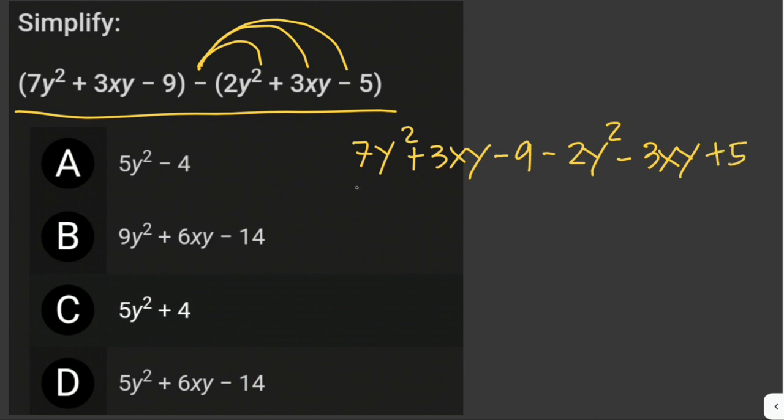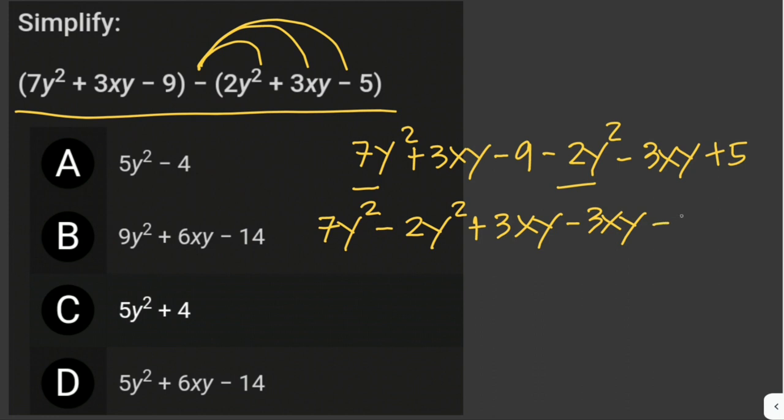And now we can group like terms. We group 7y squared and negative 2y squared. So that would be 7y squared minus 2y squared, and then plus 3xy minus 3xy minus 9 plus 5. 3xy minus 3xy is just equal to 0, so we cancel that out.